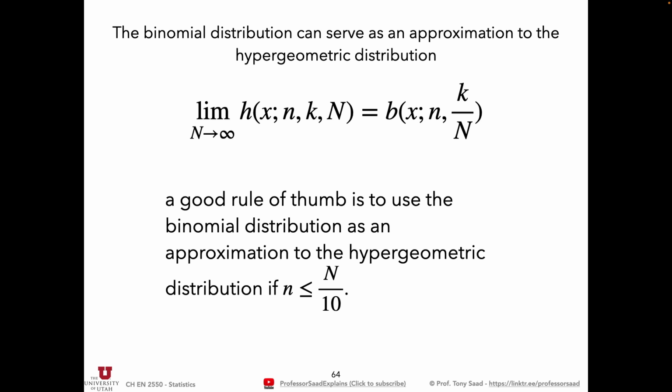So the rule of thumb is to use the binomial distribution to approximate the hypergeometric distribution if n is less than capital N over 10. So in general, you can just switch to the binomial distribution, even if the trials are dependent on each other. Okay?